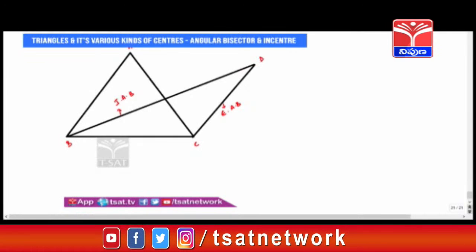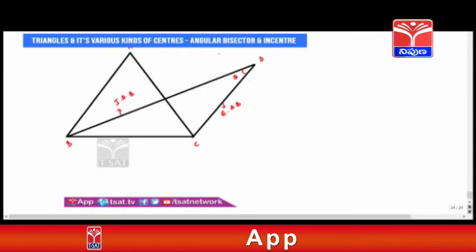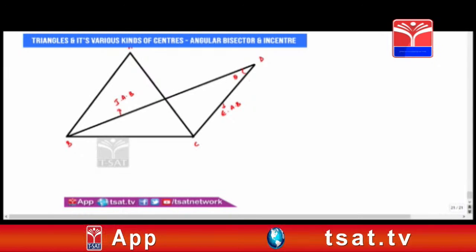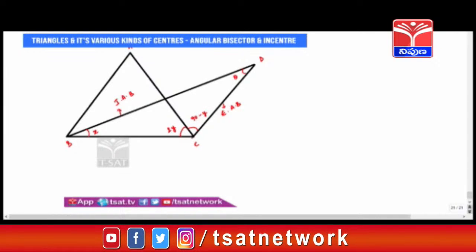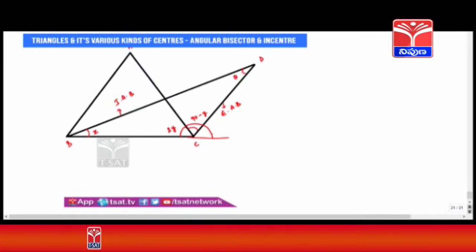This is D. Again, I am considering it as theta. This angle becomes x because it is 2x. Here it is 2y. This is 90 minus y, because the entire external angle becomes 180 minus 2y. You just divide it by 2, it becomes 90 minus y.